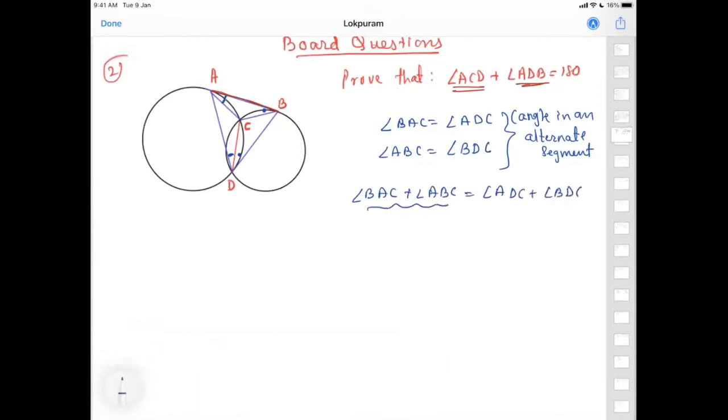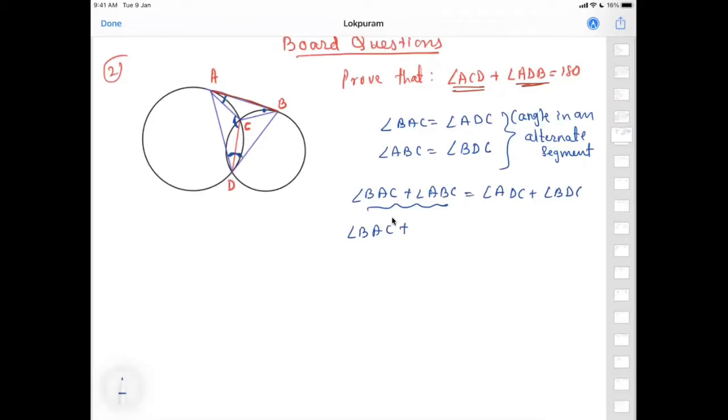So after adding, we want ACD, this angle, plus angle ADB, this angle, which is equal to 180 degrees.